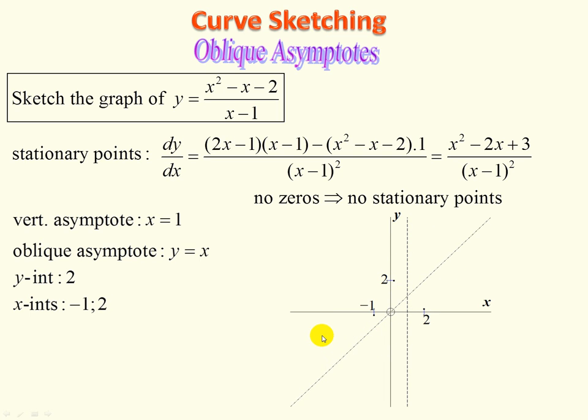And I'm just showing you different ways of seeing how to position it. The best guide is the intercepts. But the other way to look at it is, it has no stationary points. If it was on the inside, it would have to have a stationary point. So therefore we know it's tending to the outside of those lines. And therefore, there is our graph.